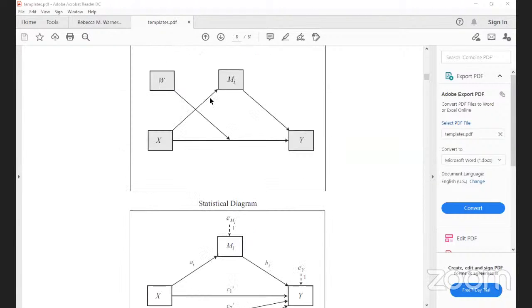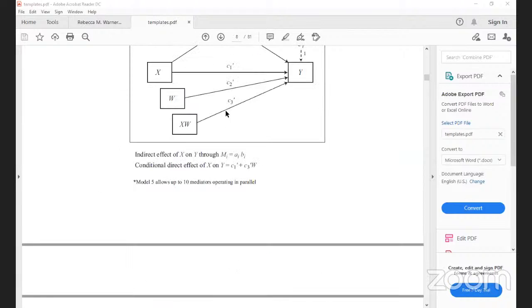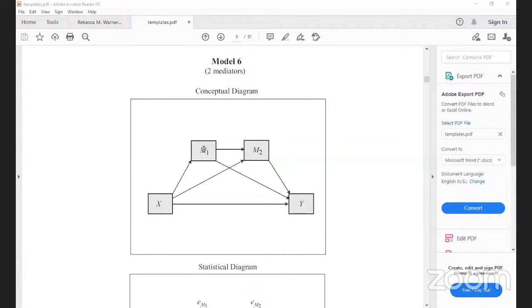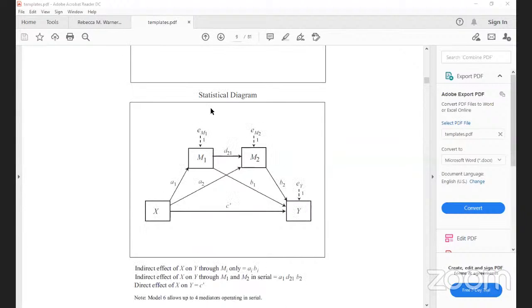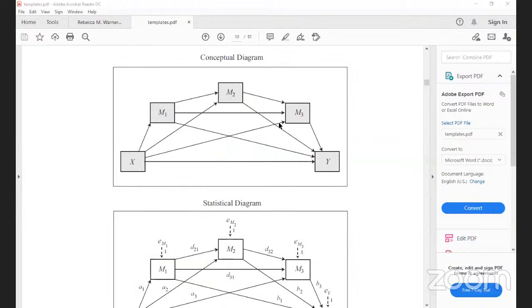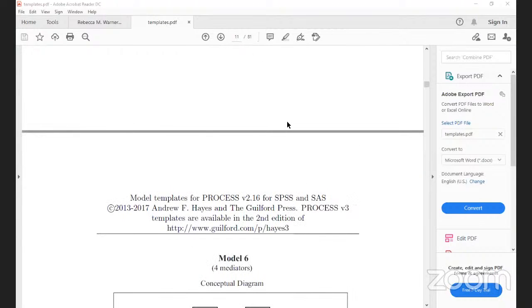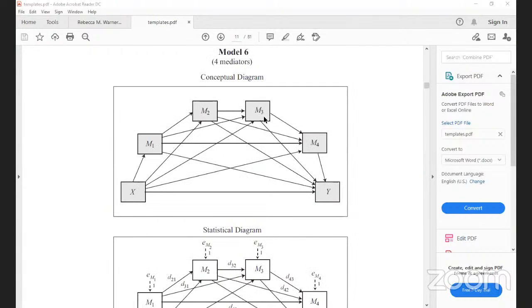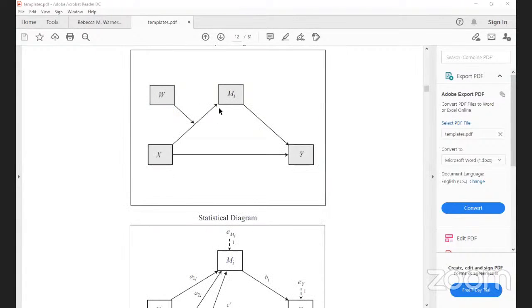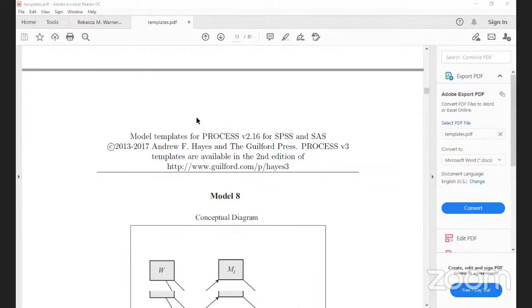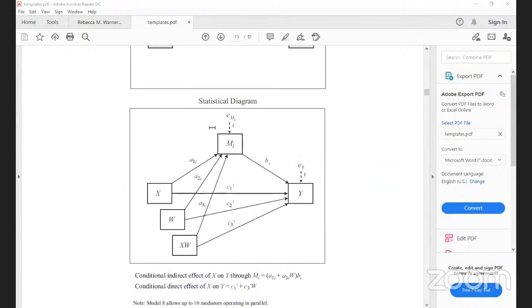This is model 5. Model 6 has two mediator variables. Your question was, can we take more than one mediator variable? Yes, we can take more than two. Here we are taking three mediator variables, and we can see many complex models, with 1, 2, 3, 4 mediator variables.